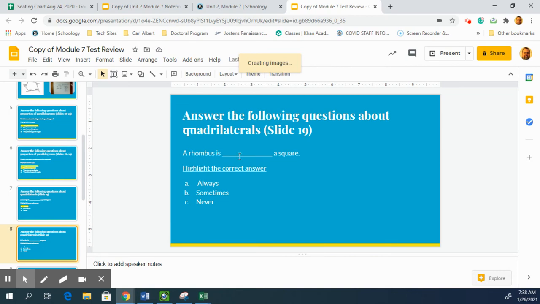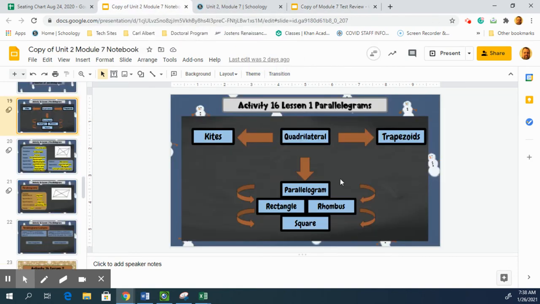But let's look at this next question. A rhombus is always, sometimes, never a square. So here is rhombus and square. A square is always a rhombus. They share the same properties. However, not all rhombi are squares. If you go the opposite way, it's only sometimes.